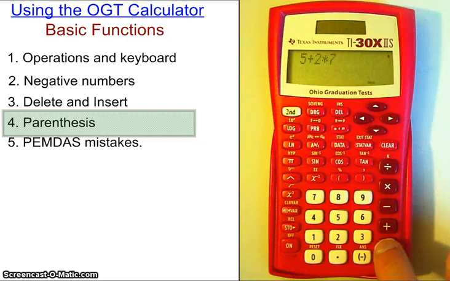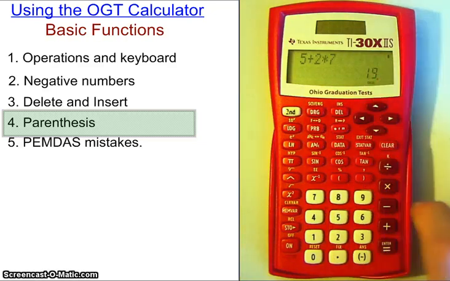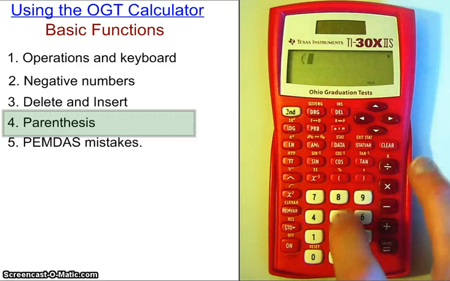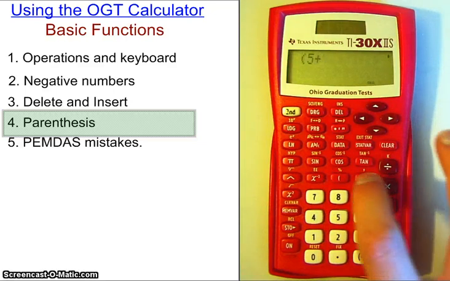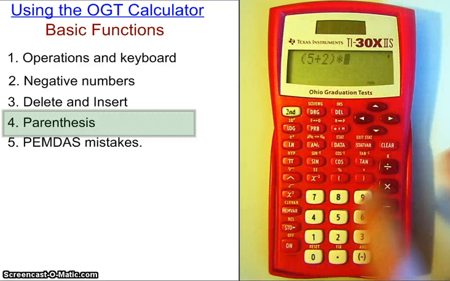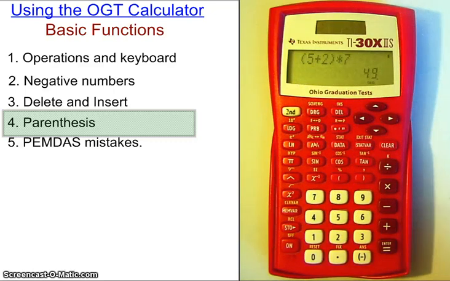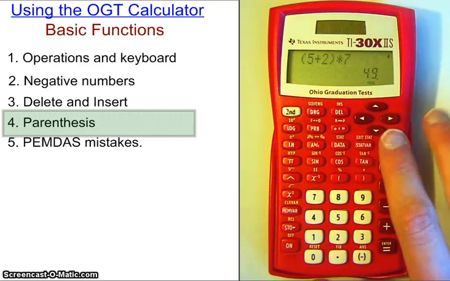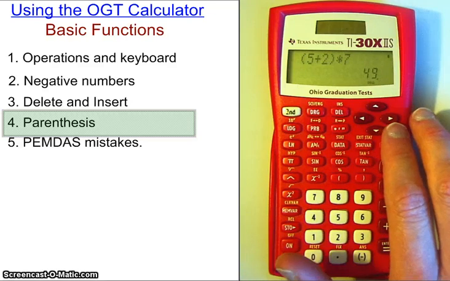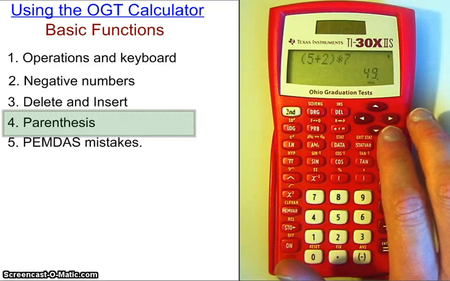So if you press that, notice you get 19. So if I notice I made a mistake, I'm going to jump back and try that again. So 5 plus 2 in the parentheses, very important, times 7 equals 49. So when you are using this calculator, be very careful with using the parentheses and when not to use the parentheses.